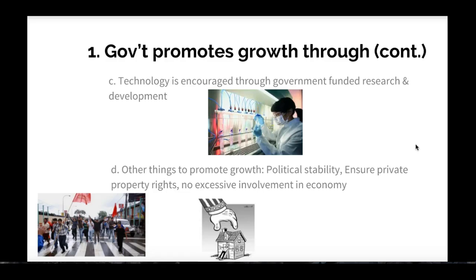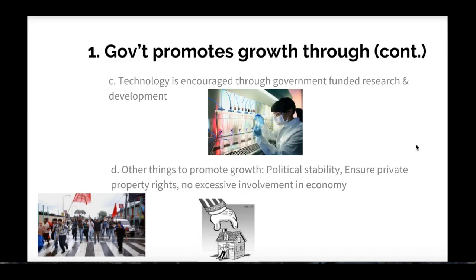So, for example, in the United States, we try to protect private property rights, for example, intellectual property, through things like patents. You can patent your ideas, so nobody else takes them. But at the same point in time, you also don't want to have an excessive involvement in the economy. All of these things, you have to have some sort of balance.